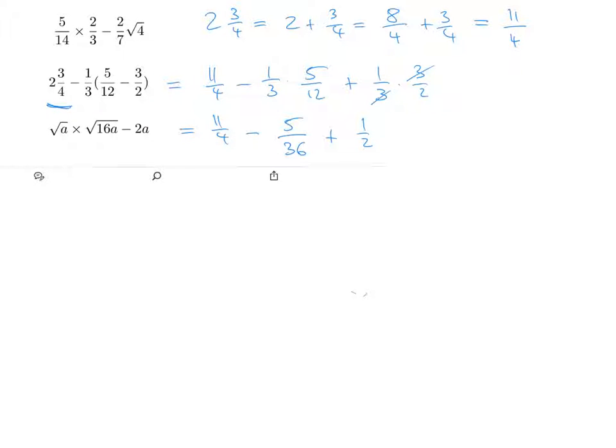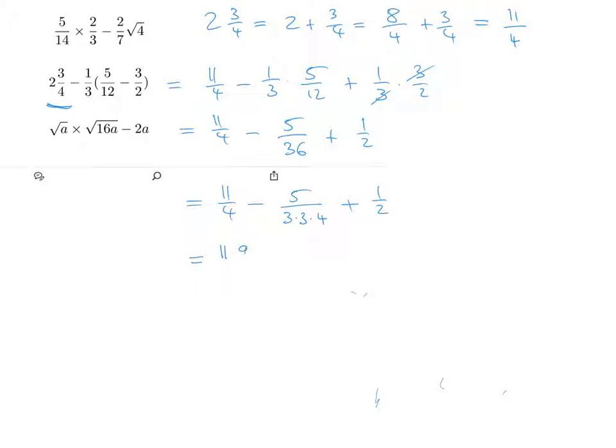To further simplify this, let's check here. 11 divided by 4 minus 5 divided by 36, let's check for a common denominator. So 36 is actually 3 times 3 times 4, plus 1/2. So what we could do is, for example, multiply both numerator and denominator by 3 times 3 or 9.